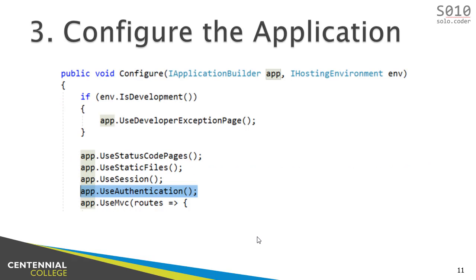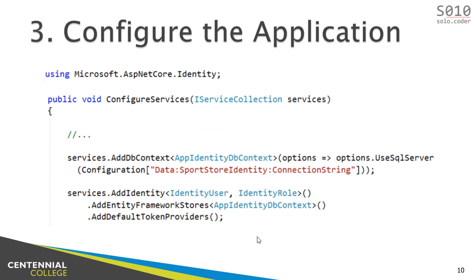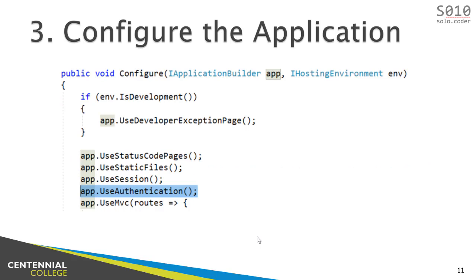Now, on top of that, not only do we need to add those 2 lines to the configure services in the startup class, but we also need to add use authentication to the configure method. Without that, it won't work. You won't be able to use users in your application. So you have to add use authentication.